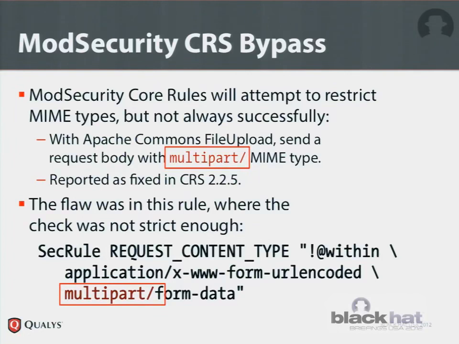However, in researching the implementation of the restriction, I found that, ironically, the restrictions themselves are lax. If you supply a multipart/ MIME type, that will satisfy the Core Rule Set, and it will satisfy the Commons FileUpload library, and they will parse it. Unfortunately, ModSecurity itself will not see this as valid multipart form data, and again, evasion will work.